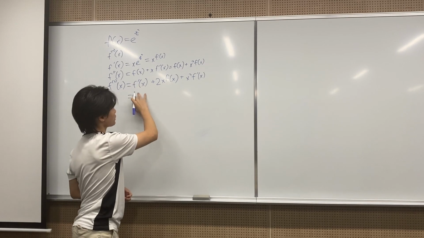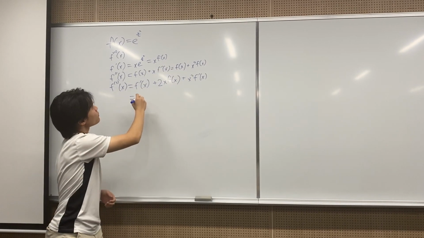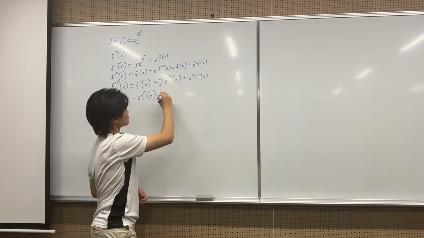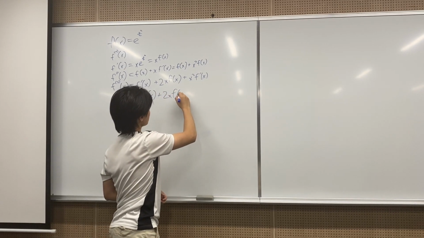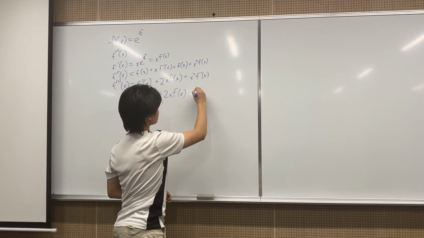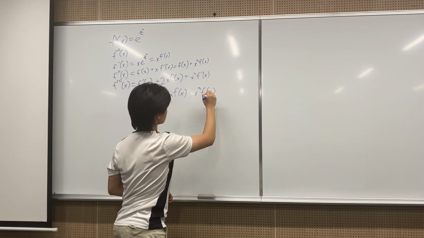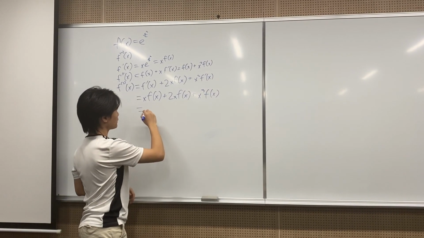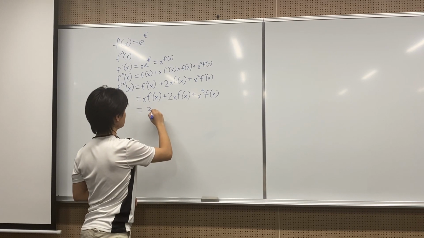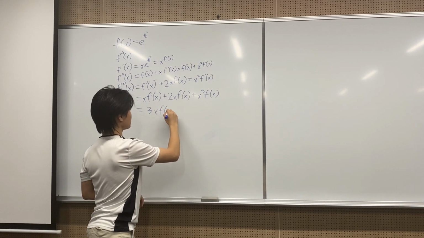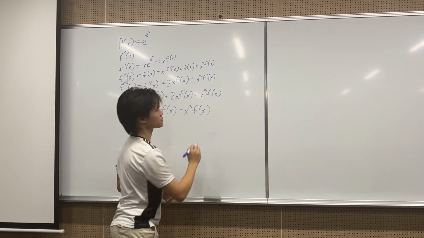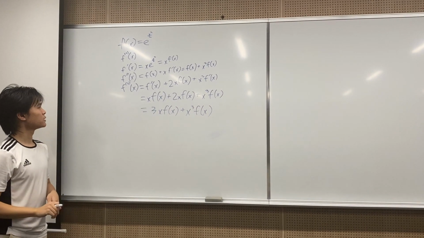Well, firstly, the f prime of x gets subbed in as x cubed f of x, plus 2x f of x plus x f of x, and these will add up to be 3x f of x plus x cubed f of x.